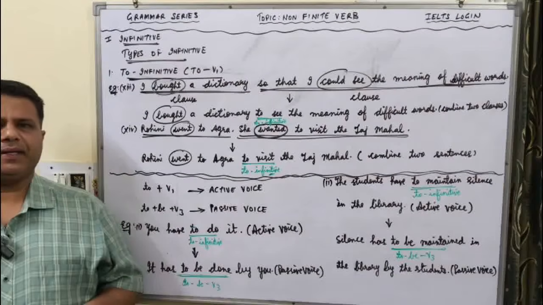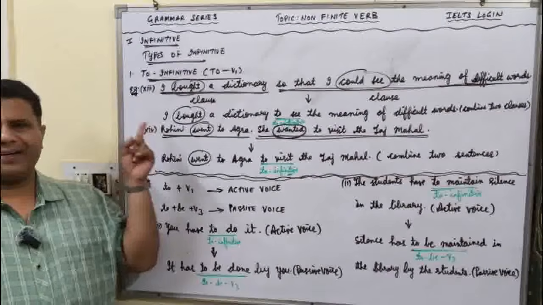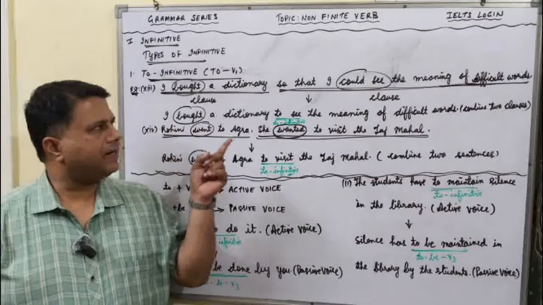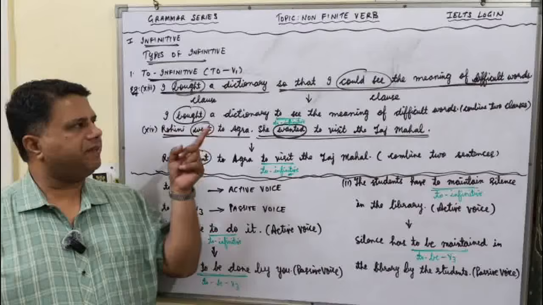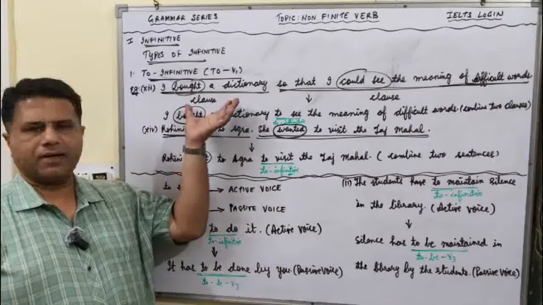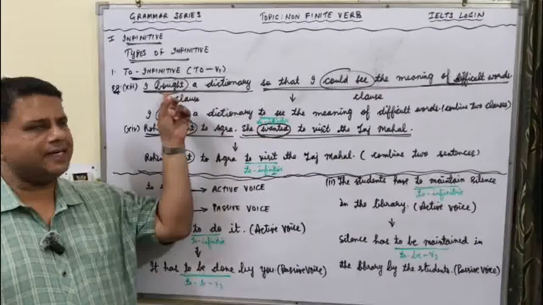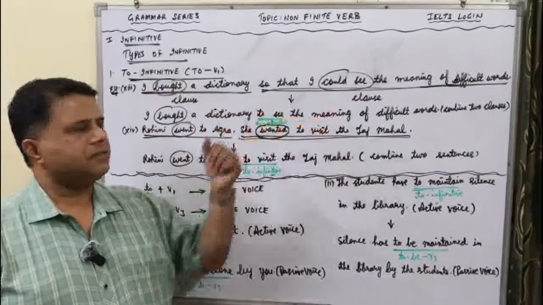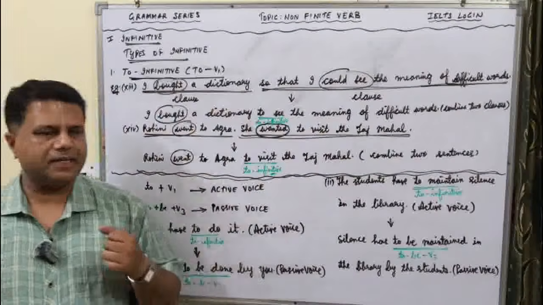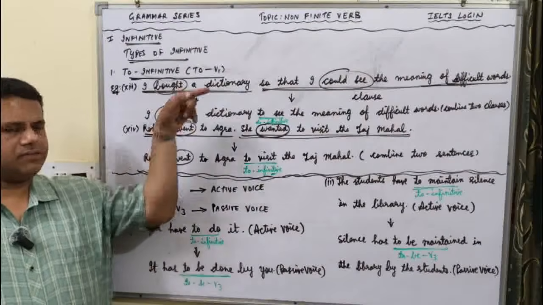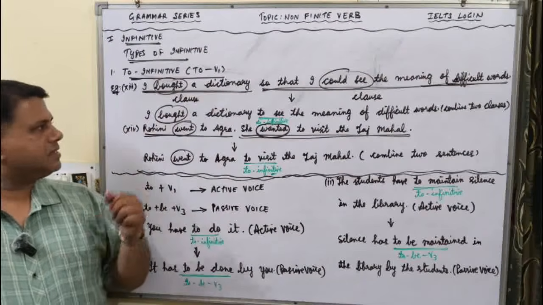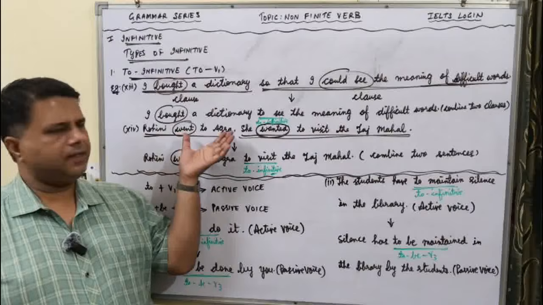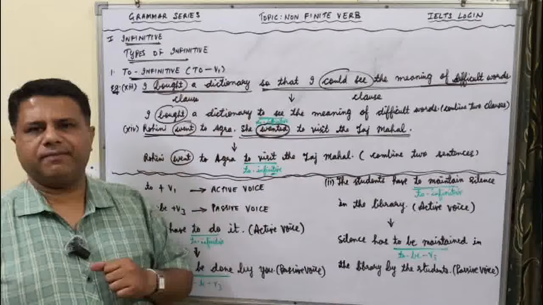Now the next example: I bought a dictionary so that I could see the meaning of difficult words. I bought a dictionary is one clause, bought is the tense element. So that I could see the meaning of difficult words, this is also a clause, could see is the tense element. So two clauses are there, so let's join the two clauses. I bought a dictionary to see the meaning of difficult words.